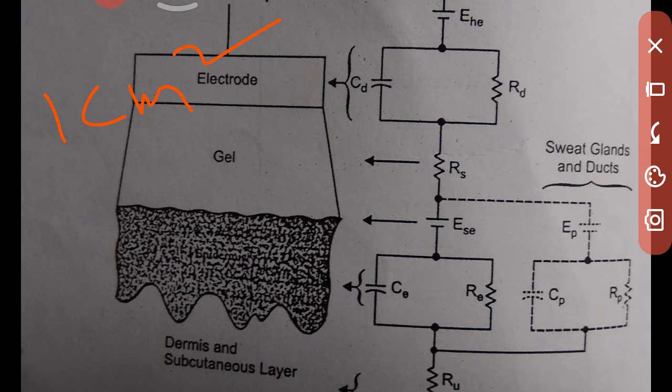The fluids secreted by the sweat glands contain Na plus, K plus and Cl minus ions, and their concentration is different from those in extracellular fluids. There is a potential difference between the lumen of the sweat duct and the dermis and subcutaneous layer. There are also RP and CP in parallel combination, in series with this potential, that represent the wall of the sweat glands and ducts.